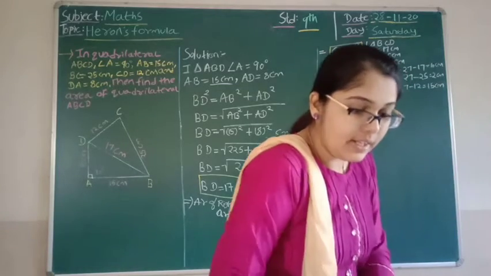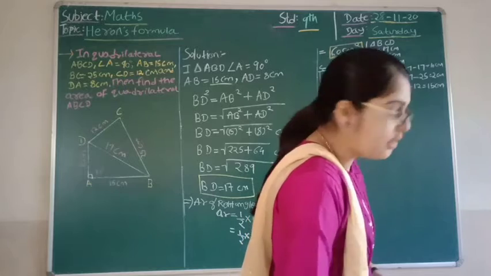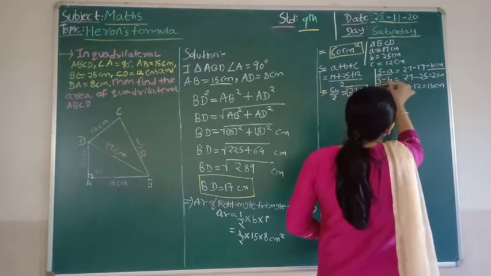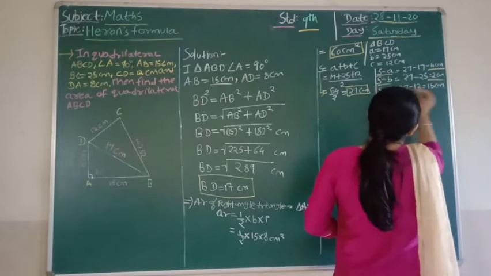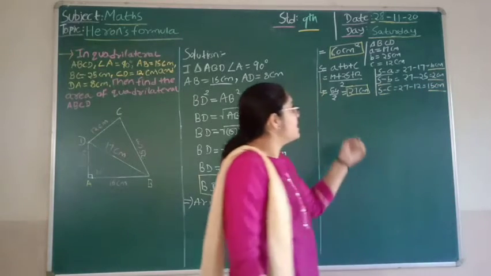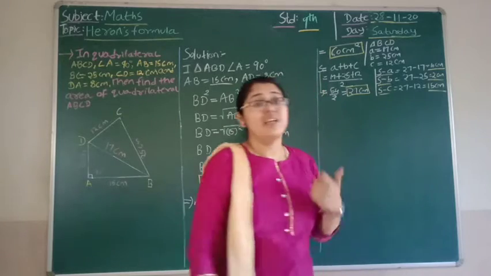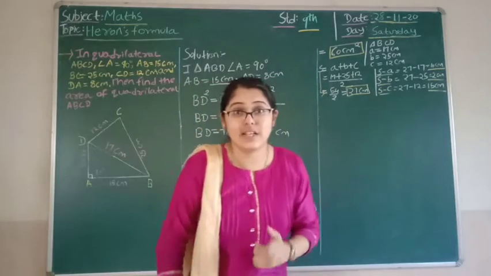So here we are getting the three values: S minus A is 10 centimeter, S minus B is 2 centimeter, S minus C is 15 centimeter.